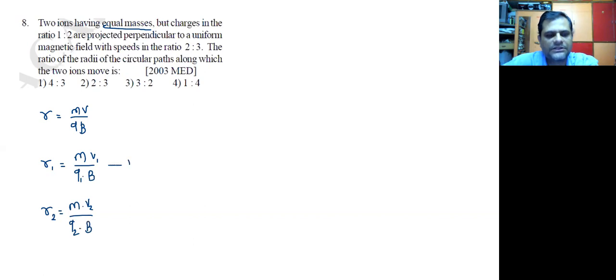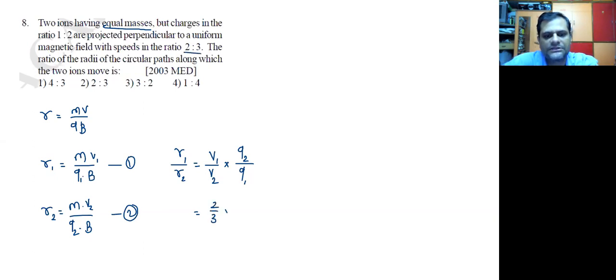So if we consider this as equation number 1 and this as equation number 2, then we can take the ratio of these two equations, R1 upon R2, and get that M will get cancelled, B will get cancelled, and here we are left with V1 upon V2 into Q2 upon Q1. Okay, so the ratio of velocities stays as it is and the ratio of charges gets reversed. The ratio of velocities we already know is 2:3, right?